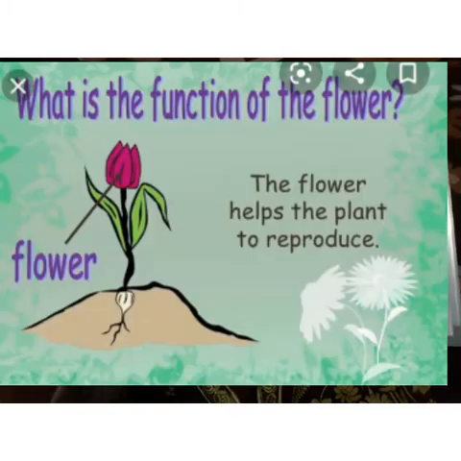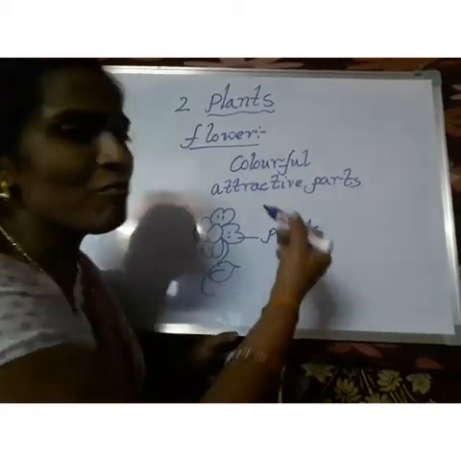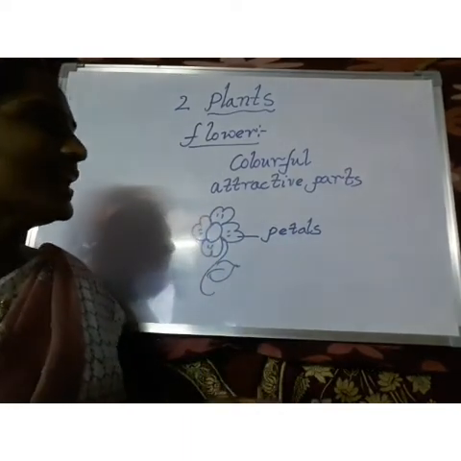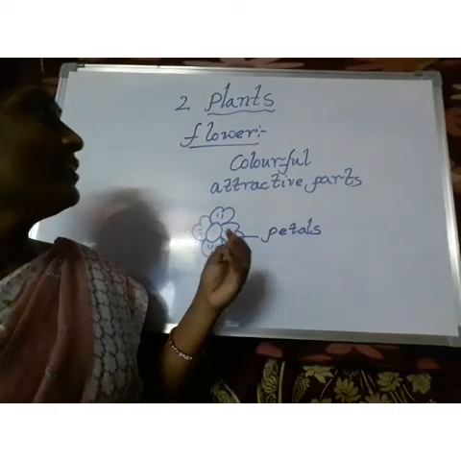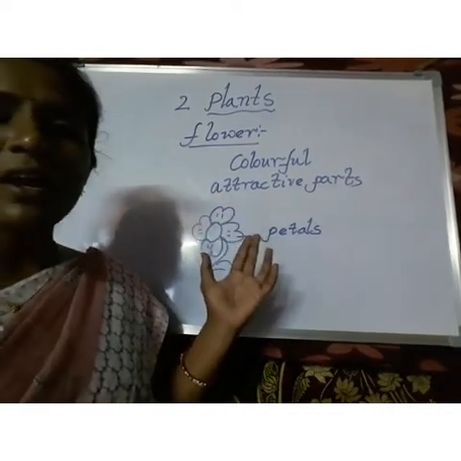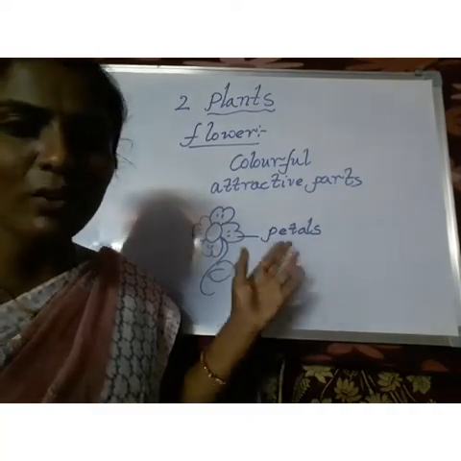Because of pollination. Automatically some insects like honeybees will come and sit upon that flower, and automatically pollination will occur in that flower.